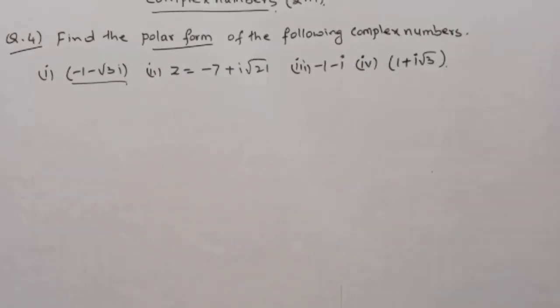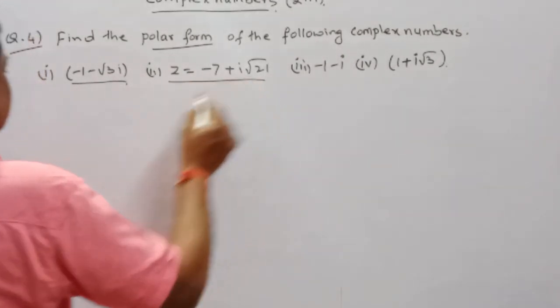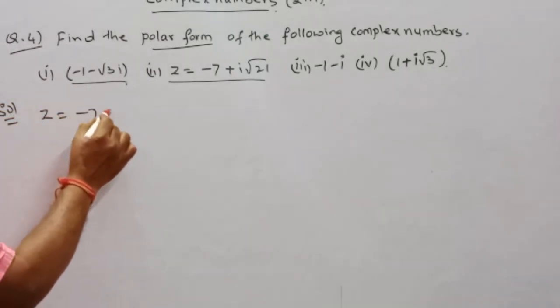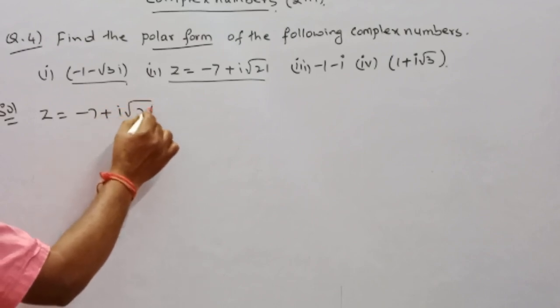You see the second one. Z is equal to minus 7 plus i root 21.